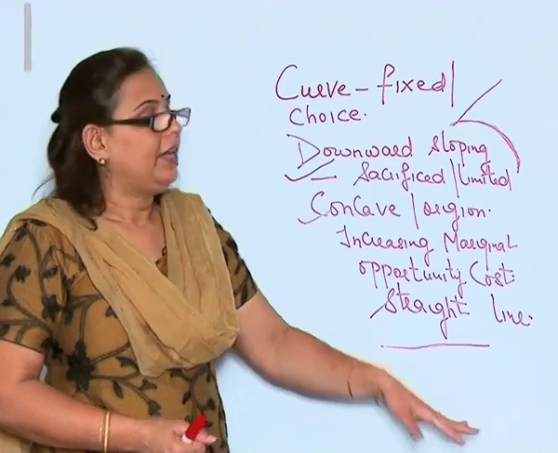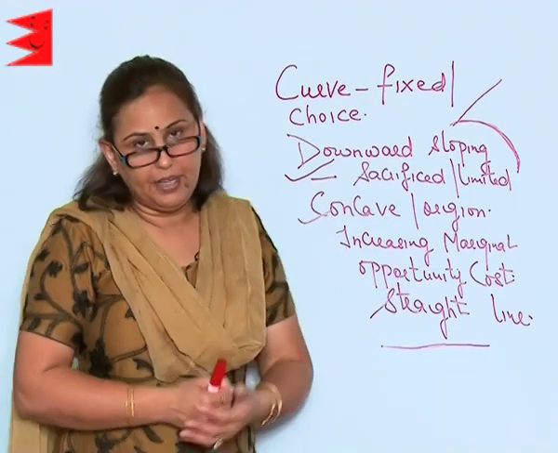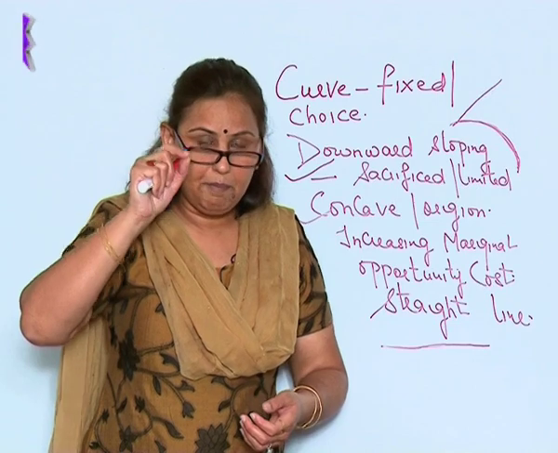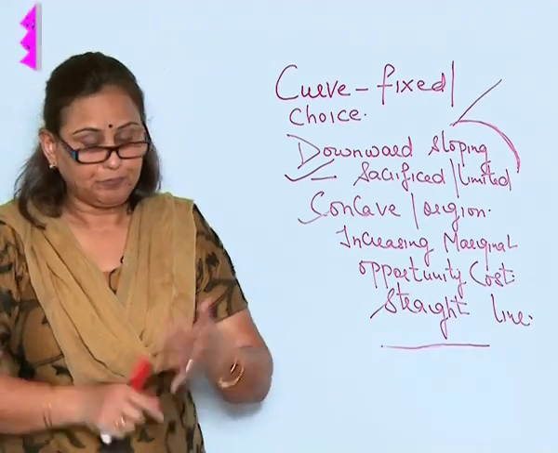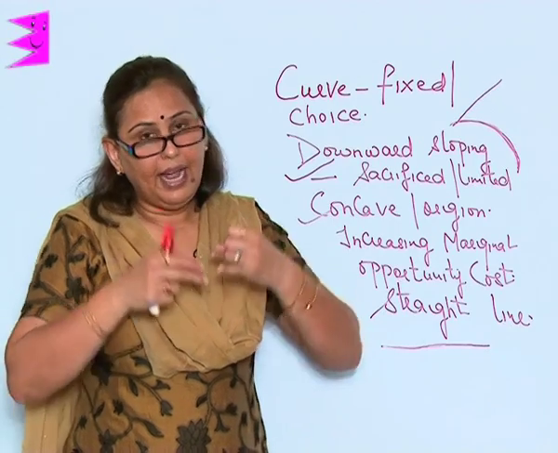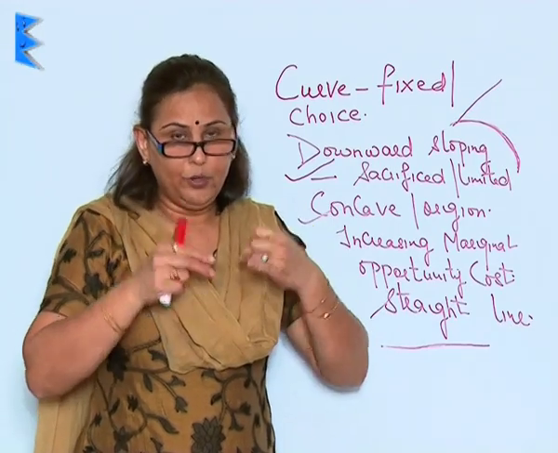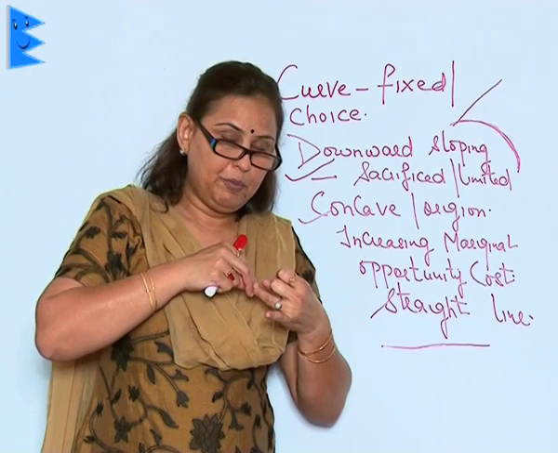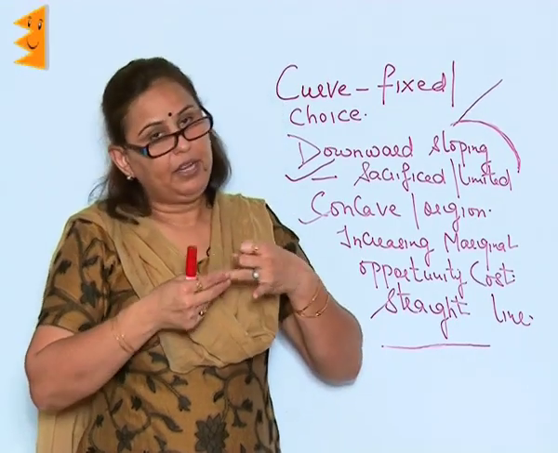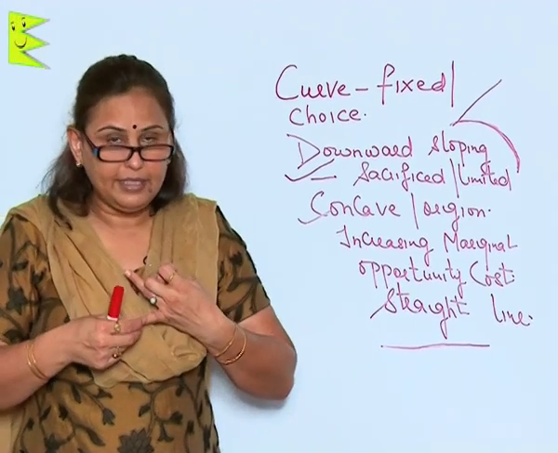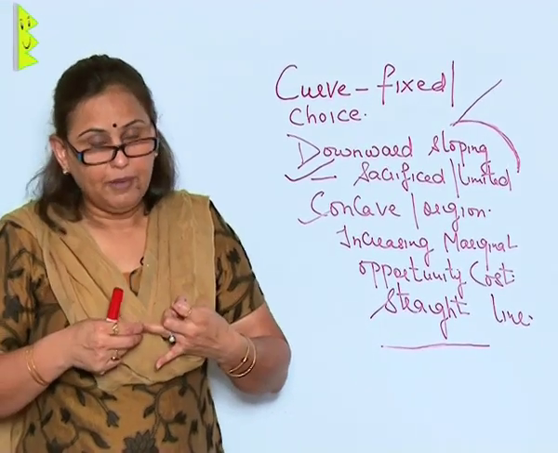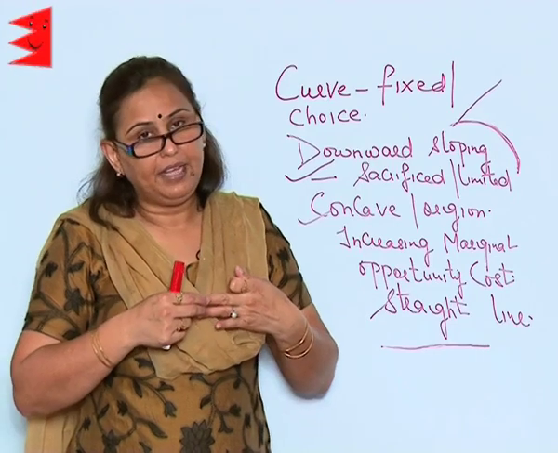So, remember, the production possibility curve, which is the most important topic in this chapter, shows that there are two alternatives, two commodities, and we have to make a choice between them, and we decide upon it owing to our needs, our resources, and the people that we have.